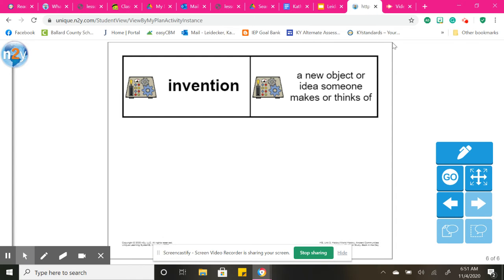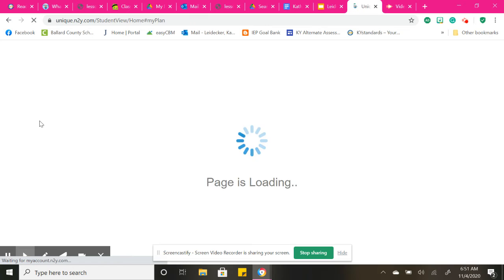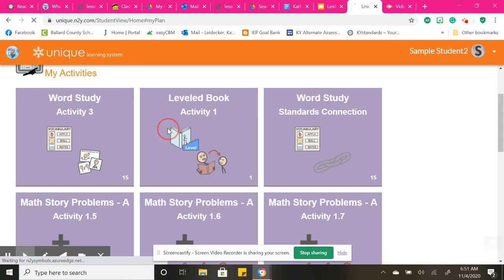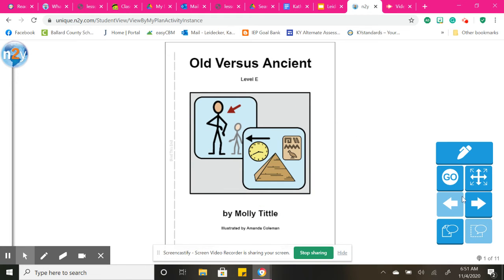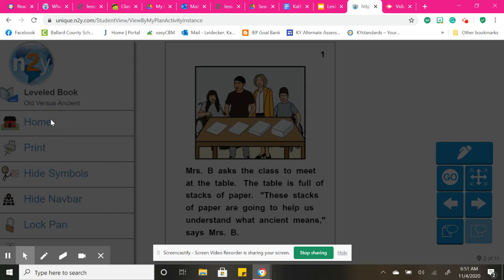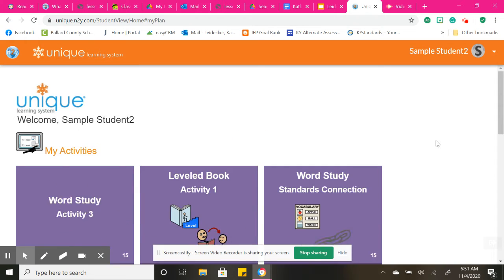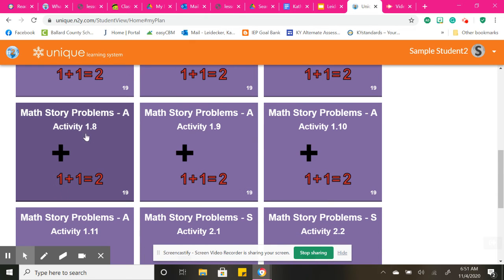and then invention. After they go through their vocabulary words, they will then do their leveled book, which we talked about, old versus ancient. So they will go through there. For math, they will have adding and subtracting problems.